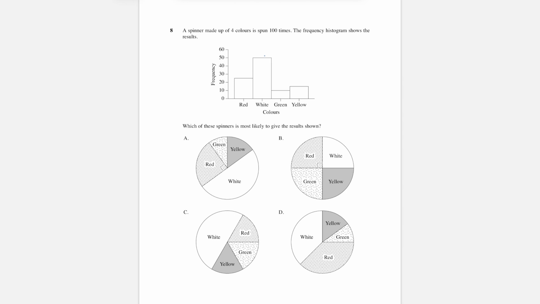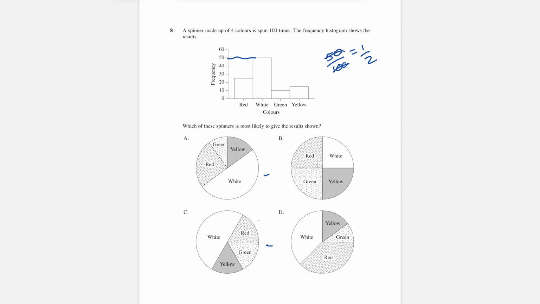So let's take a look at our frequency histogram, and we can see that white occurs 50 times out of 100 spins. So 50 out of 100 is the same as saying half. So we're looking for a pie chart which has half of it representing white, so that's either A or C.